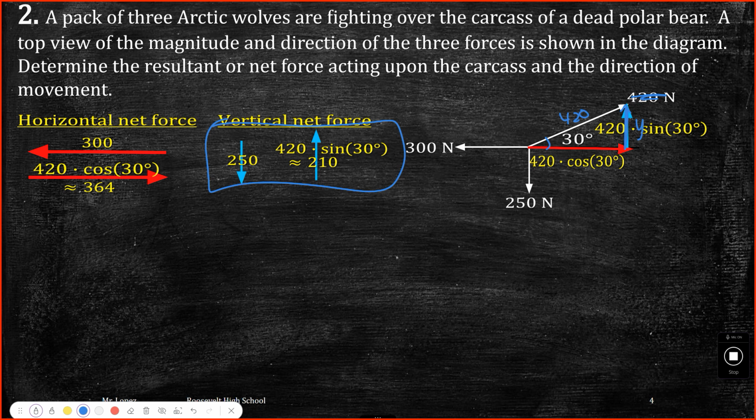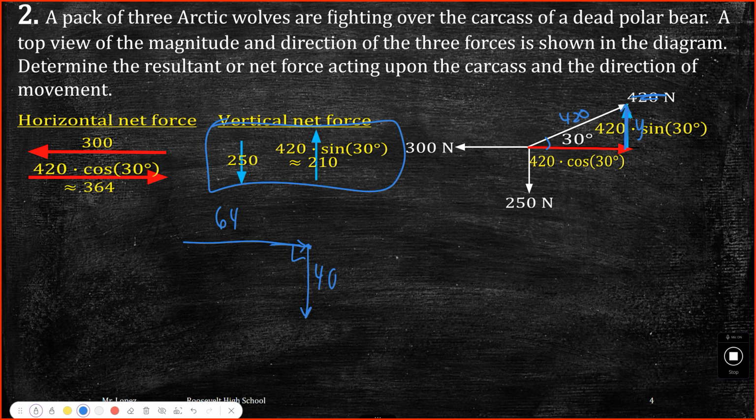So now you draw your triangle. The horizontal is going to the right by 64. This is 64, and then you put it here and go down by 40.